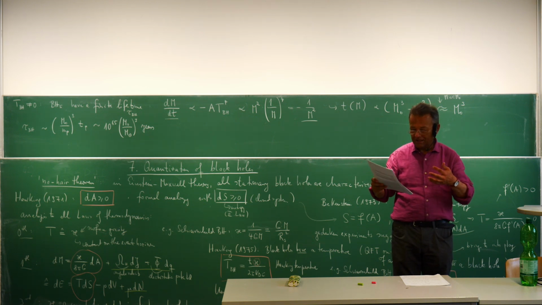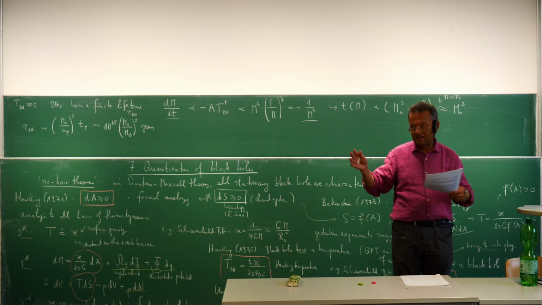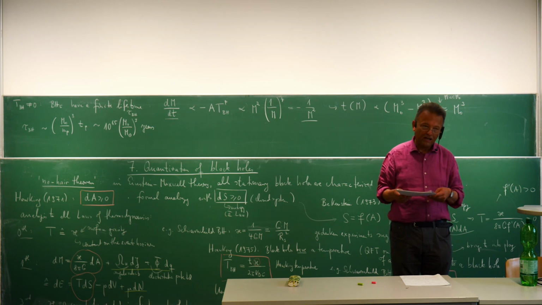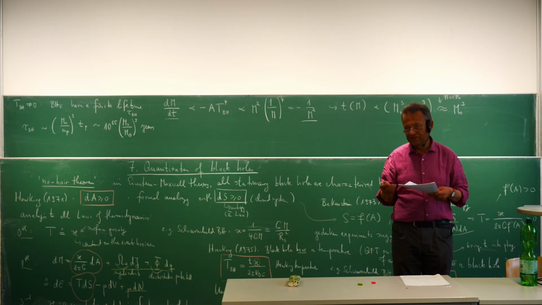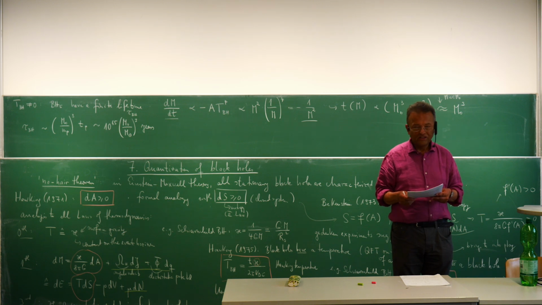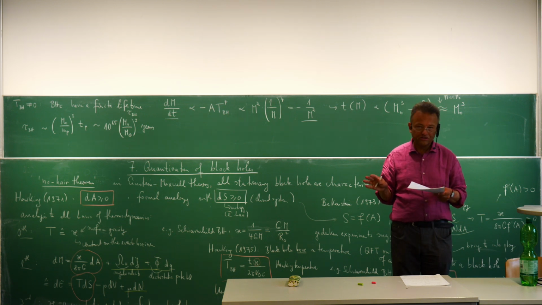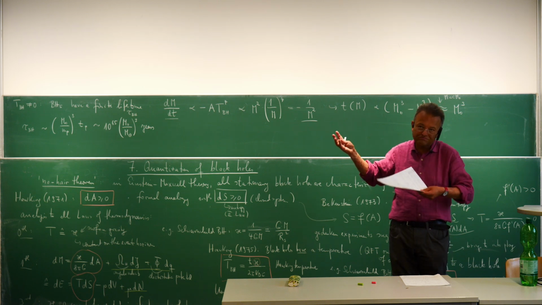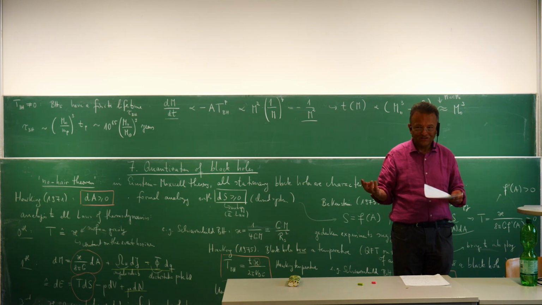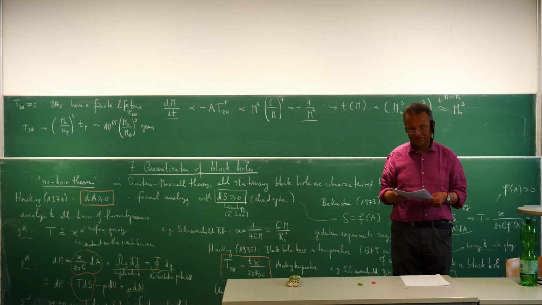Of course, the mass decreases, and when it reaches the Planck mass, which is only 10 to the minus 5 gram, then Hawking's approximation breaks down. You would then need the full quantum gravity. Actually, that's what we want in that lecture course, to apply it to such problems, the full quantum gravity.